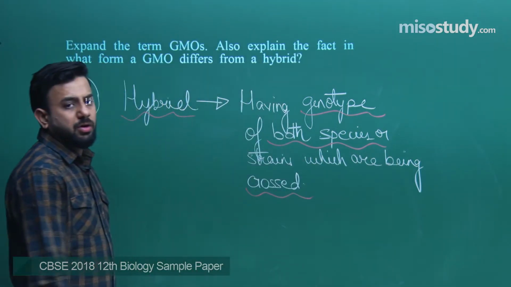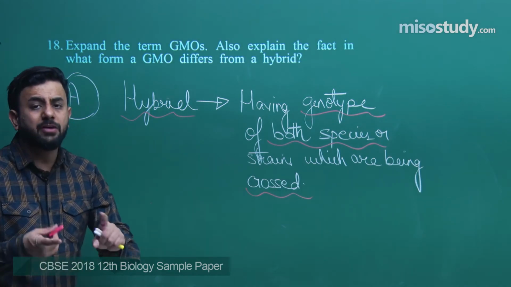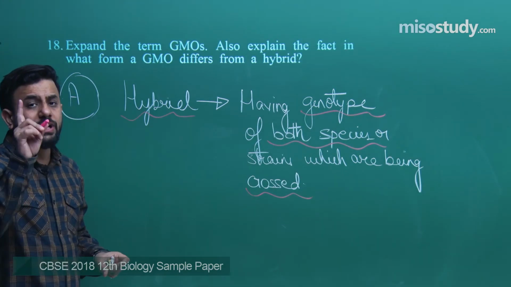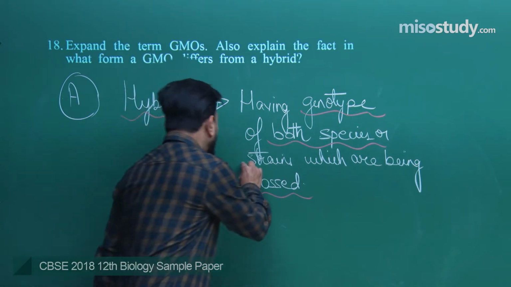Got it? So, two species or strains are crossed, and they produce the hybrid. The hybrid will have the genotype of both the strains or species which are being crossed.